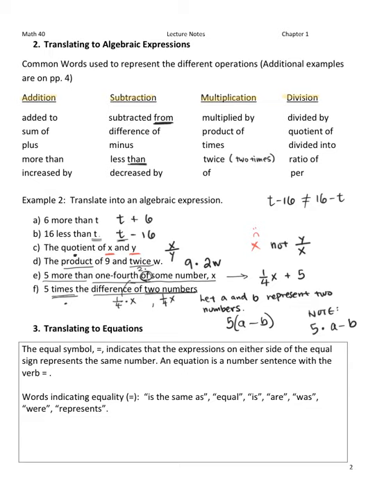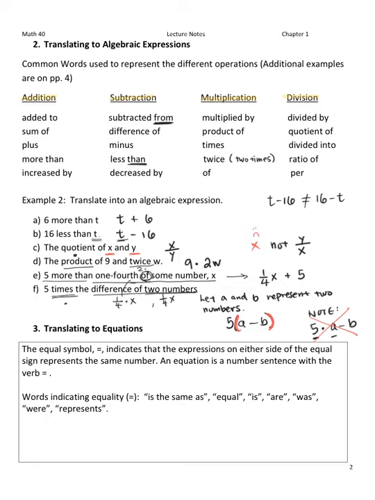If you write it like that, this implies that 5 is multiplied only to the variable A, not to the difference of A and B, not to the quantity of A minus B. What we want is to multiply 5 by the entire quantity of A minus B. So it's important that we put the grouping symbol there. So this is not the correct answer.